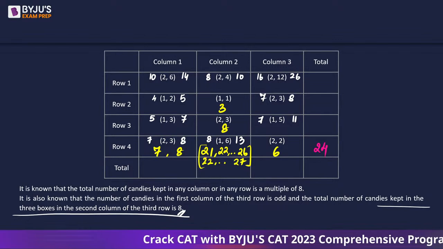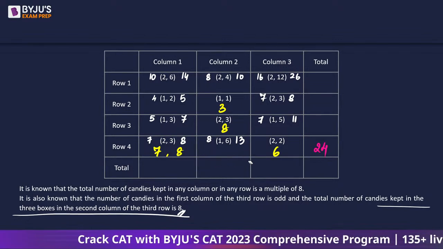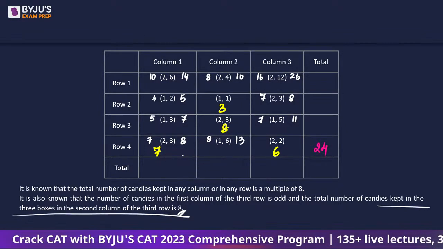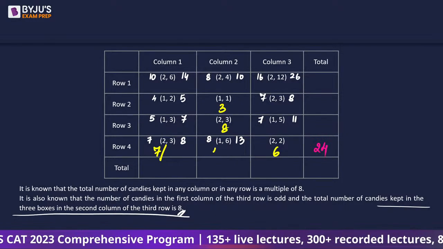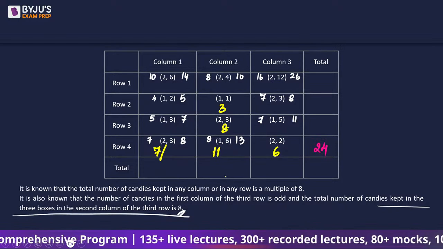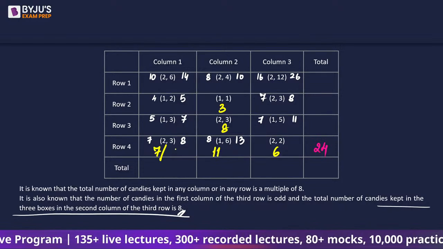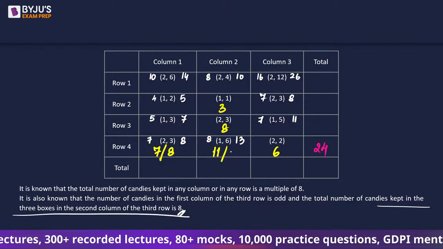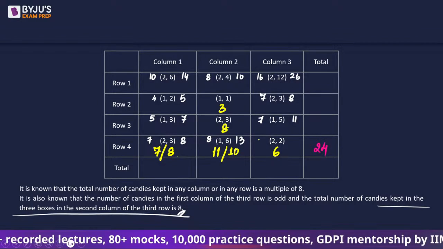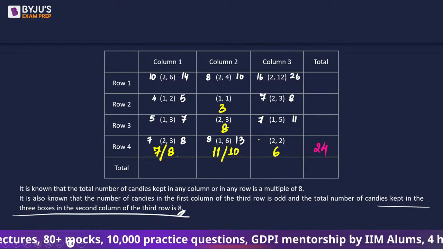Right? Now how is 24 possible? This is how we are going to write it down. If I take 7, 7 plus 6 is 13, 13 plus 11, 24. If I take 8 here, 8 plus 6 is 14 and we will have 10. There is no other possibility that we can have.